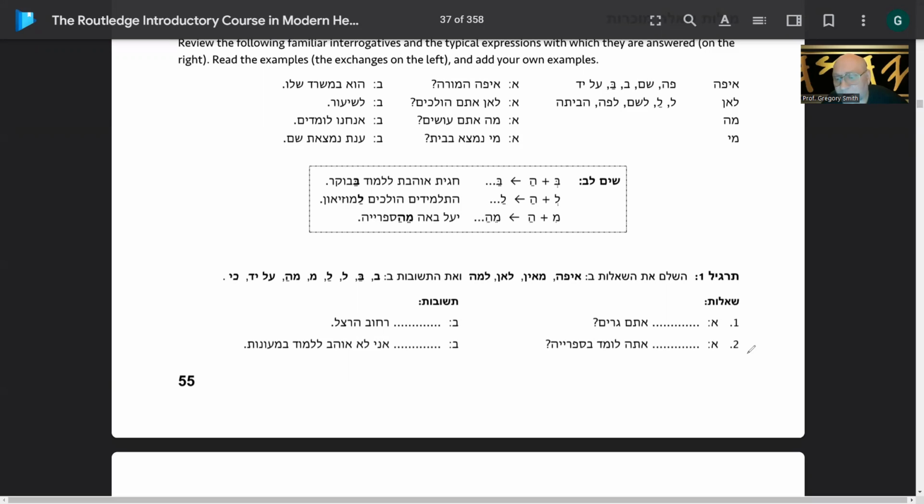Okay, so here is the question. Blank ata lomed basifria. Are you lomed? I think that's lomed basifria, in the library. Yeah, studying in the library. Okay, that's right. לומד בספריה.